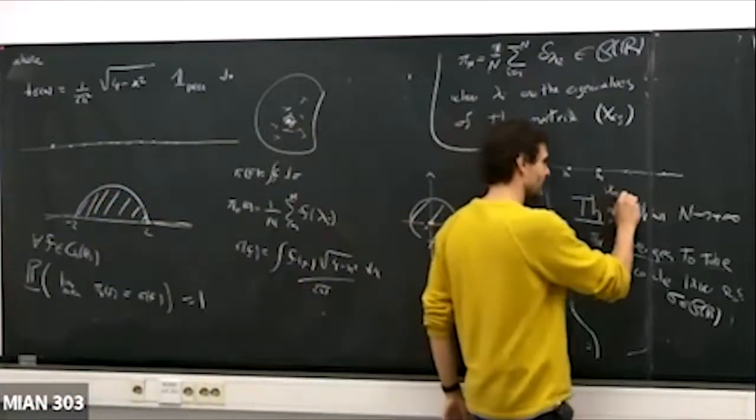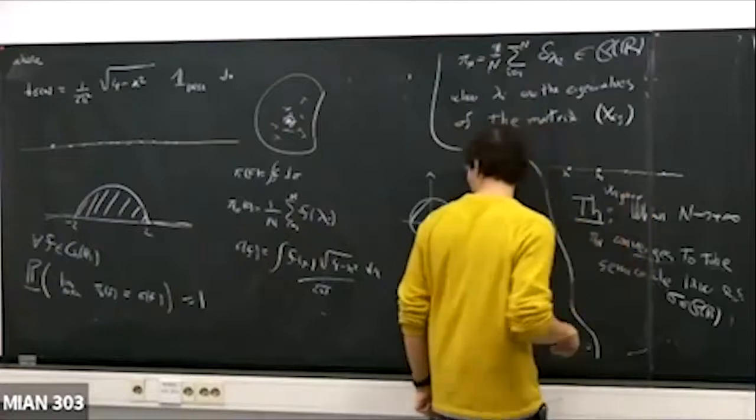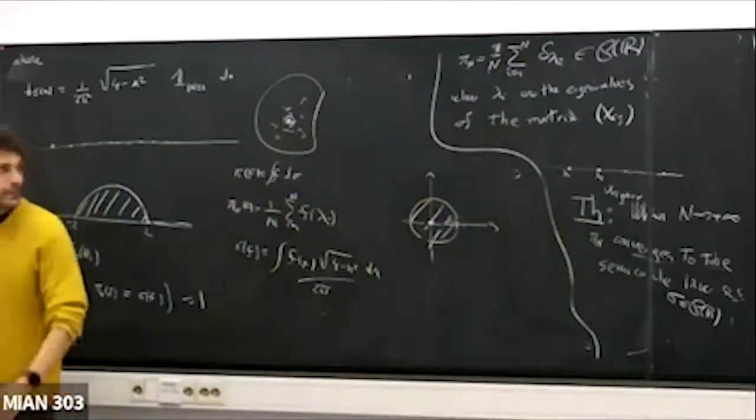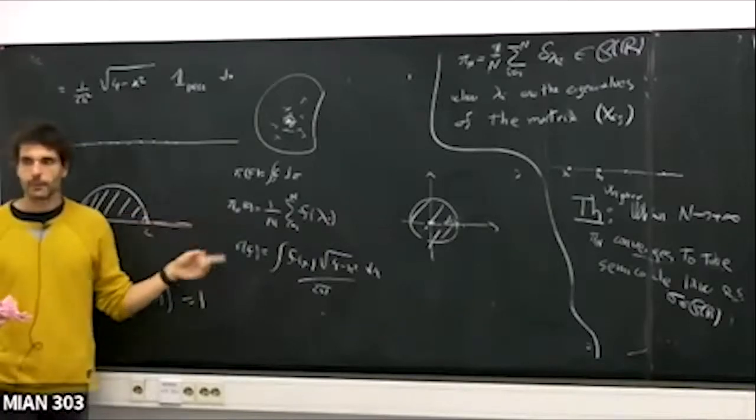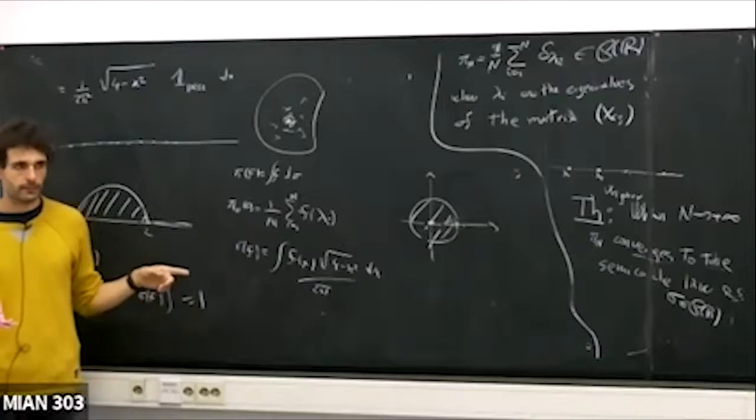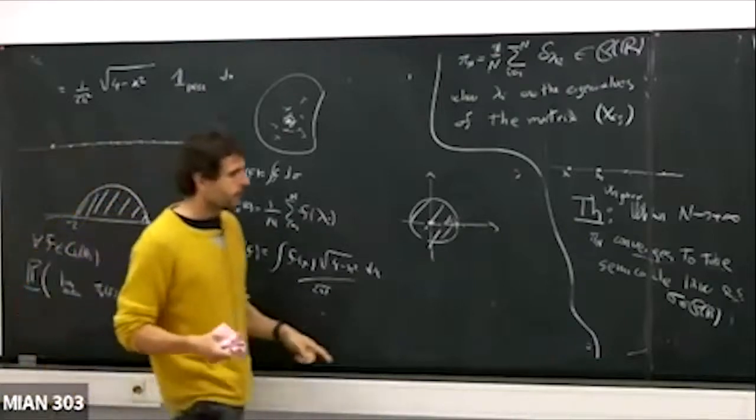But okay, we will check the proof, but with more hypotheses. This theorem has a long story. Wigner first proved it where these random variables, y and z, were Gaussians.